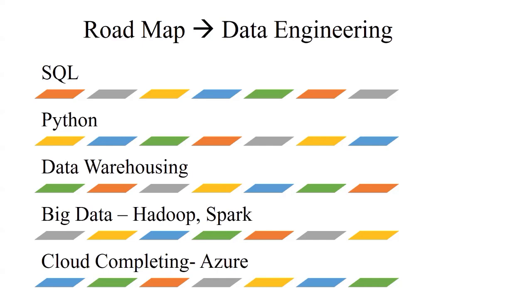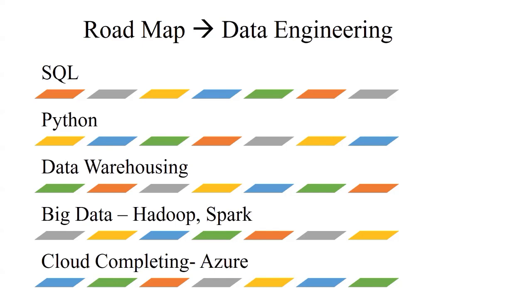Whatever you have done, like SQL, Python, data warehousing, the problem we have seen is big data, and the solutions are Hadoop and Spark. All of this we have to implement in the cloud. I have already told you why we are going to the cloud: I cannot do everything on-prem.